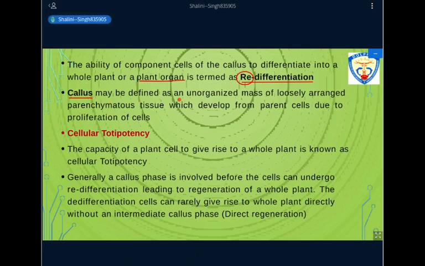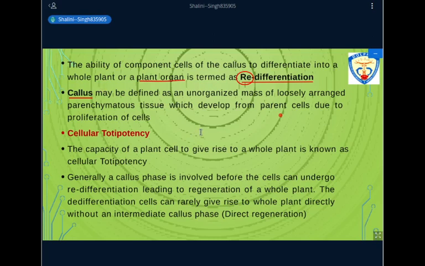may be defined as an unorganized mass of loosely arranged parenchymatous tissue which develops from parent cell due to proliferation of cells. So simply you are taking explant from the parent plant, and that parent plant we consider to be an ideal plant.